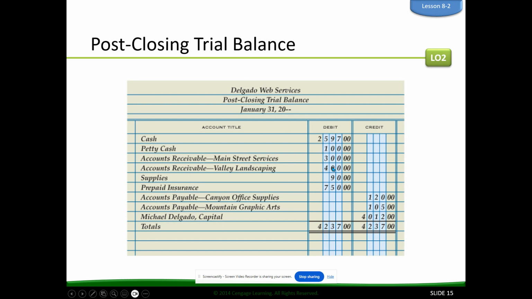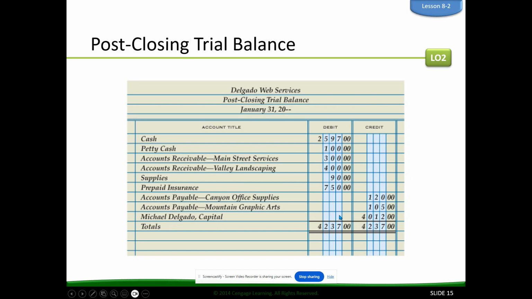I always say it's all about just the format of these reports, right? Income statement, balance sheet, statement of owner's equity, post-closing trial balance. It's all just about the format. And then you just have to plug in the numbers in the right spot.